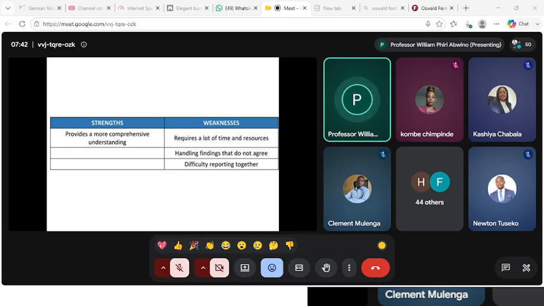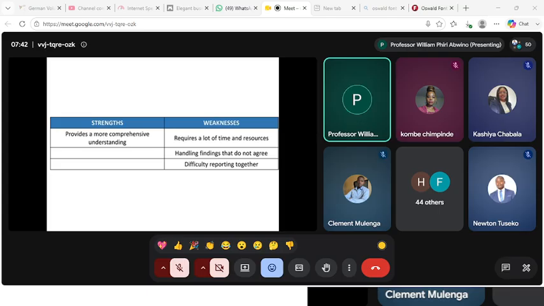The other one, colleagues, is difficult reporting together. How do you report? There is this, there is that. So you find that as a researcher, you have got a heavy load. How do you report on both collectively?